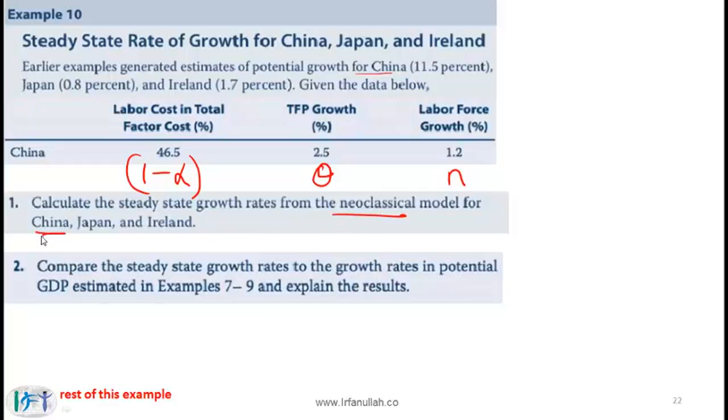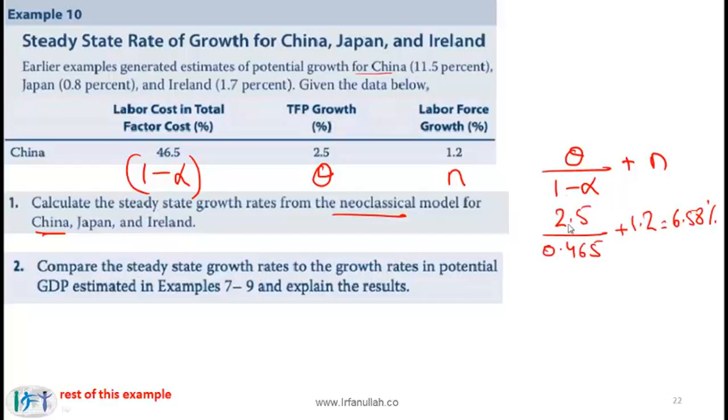We will just do this for China here, and then for practice you can use the same formula to calculate the numbers for Japan and Ireland. The formula that we just learnt is theta over 1 minus alpha plus n. So plugging in the numbers for China, 2.5% is our total factor productivity growth rate, 0.465 is the 1 minus alpha from right here, 1.2 is the labor force growth.